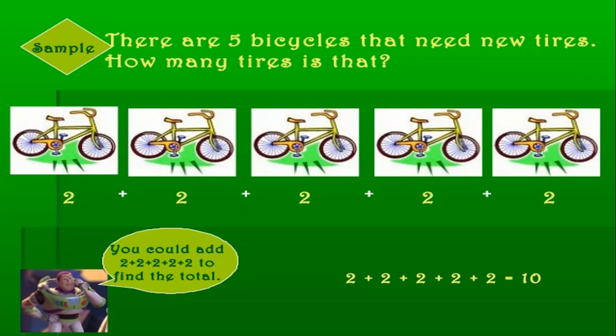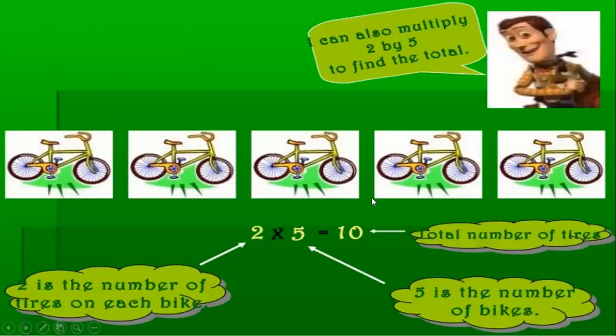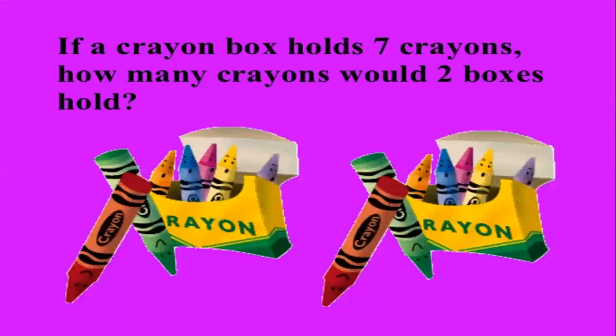Rather than adding, we can also multiply the number of bicycles with the number of tires on each bicycle. See, 2 is the number of tires on each bicycle and 5 is the total number of bicycles. When you multiply them, you find the total number of tires. So rather than adding, you can also multiply.